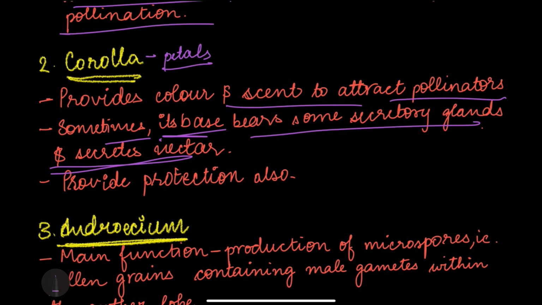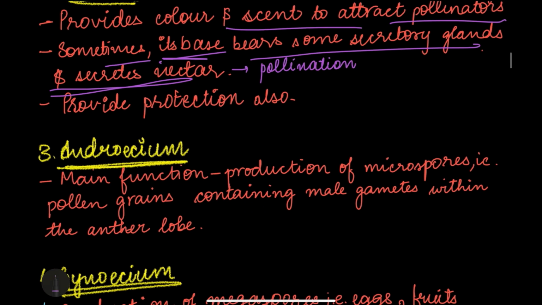Its basic function is to attract the pollinators and to conduct the process of pollination. It also provides protection, which is a secondary function. The primary function is pollination.